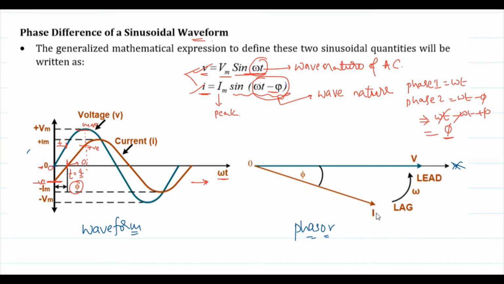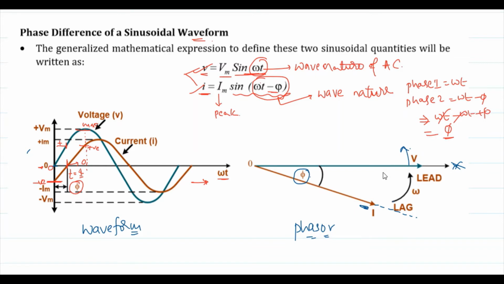As the voltage leads, the current is lagging by the angle phi. That phase difference between the two quantities is denoted by phi. With respect to the voltage, the current is lagging; with respect to the current, the voltage is leading.